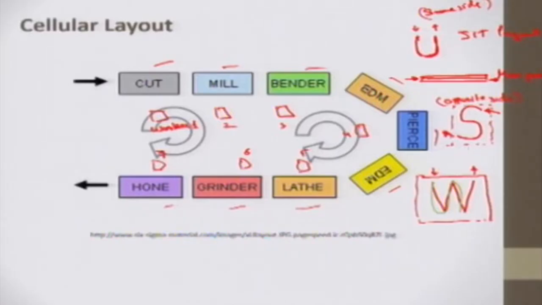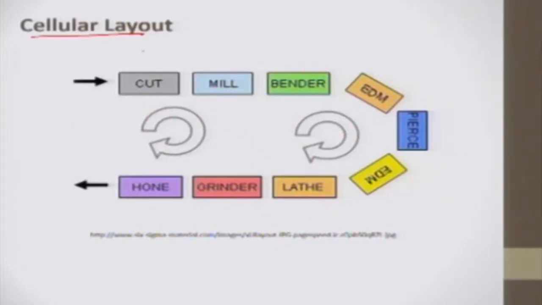In this instance, the opposite side. So this is W kind of pattern here. So in cellular layout, every cell contains a group of machines which are dedicated to the production of part families. One of the problems is to identify the part families here, that is group technology, how to group the part families, and these layouts are also called group technology layouts obviously.